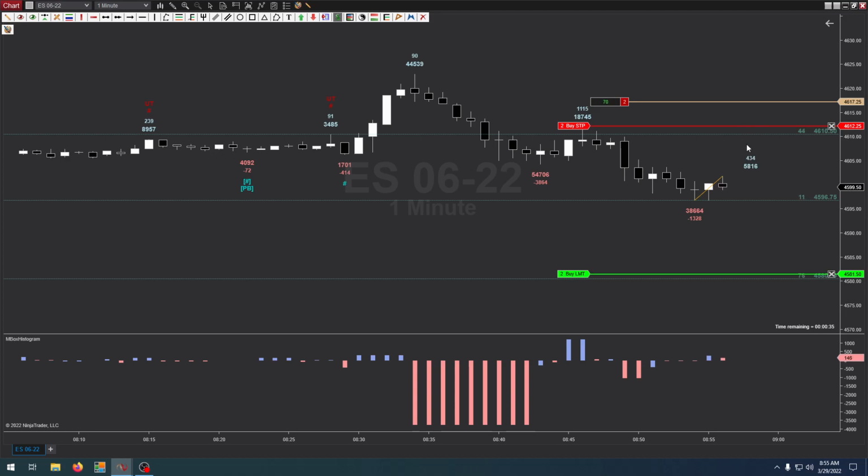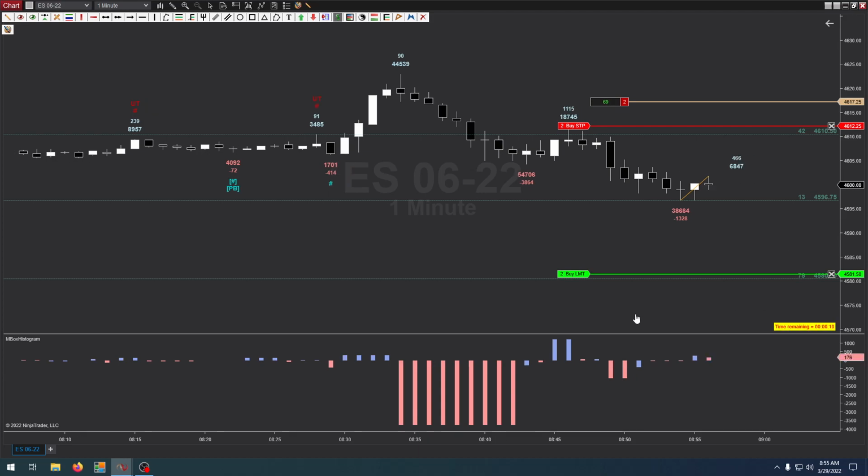Keep getting a trend pullback short and a trend through to short right here. We need supply to come in. But we also will probably get a lower high somewhere, and that's our trend down.